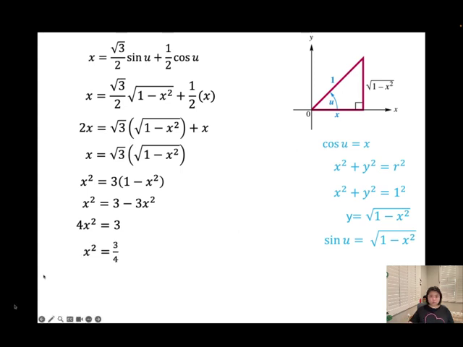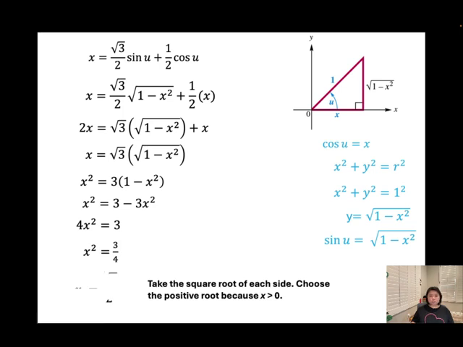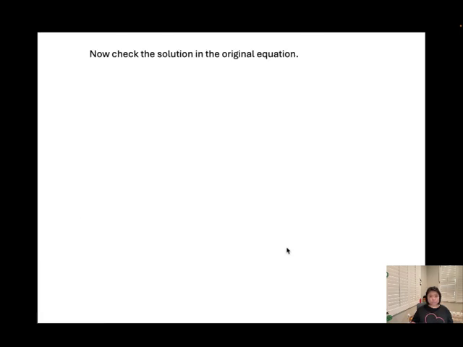And we take the square root of both sides. But keep in mind that x is in quadrant 1, so it has to be positive. So x is going to be equal to root 3 over 2. Finally, we get the solution. And then we plug back into the original equation and check the answer. Okay, x equal to root 3 over 2.